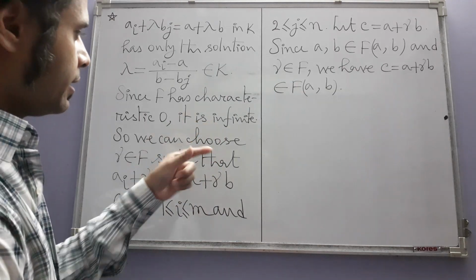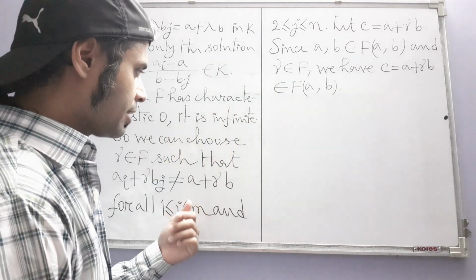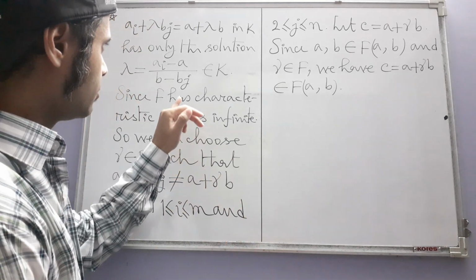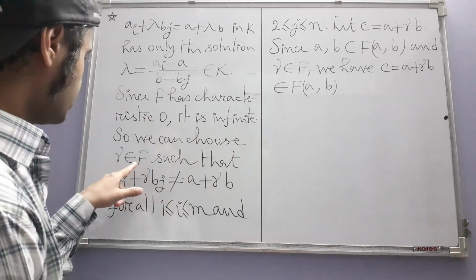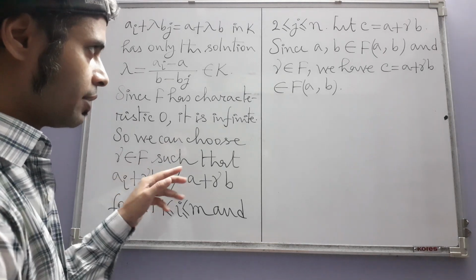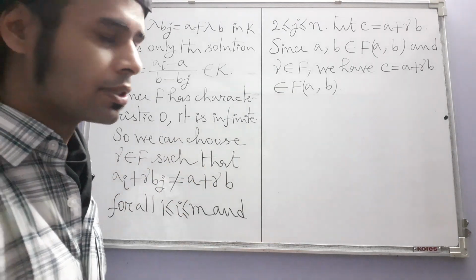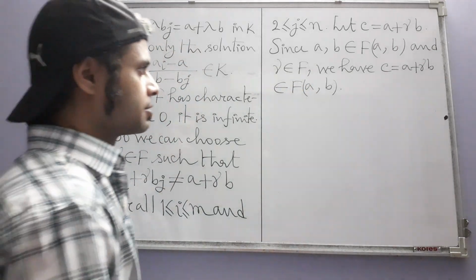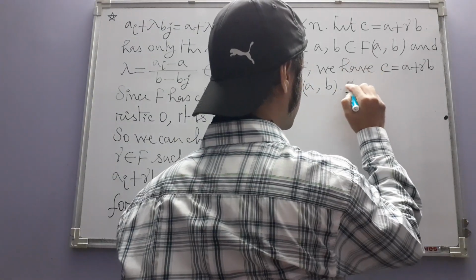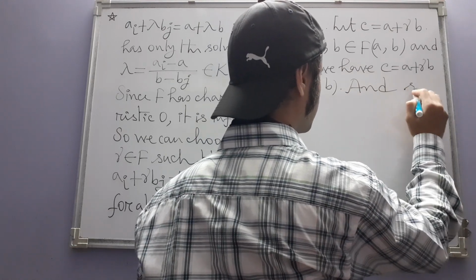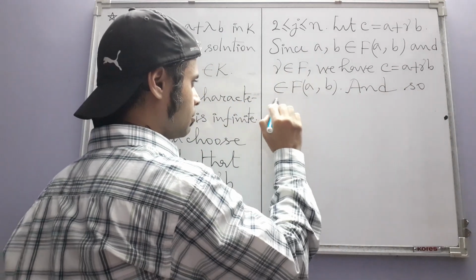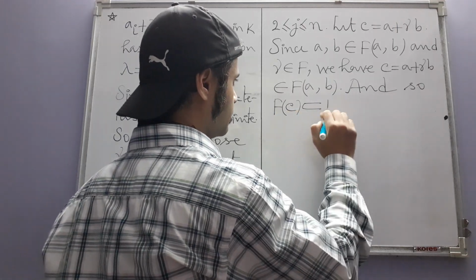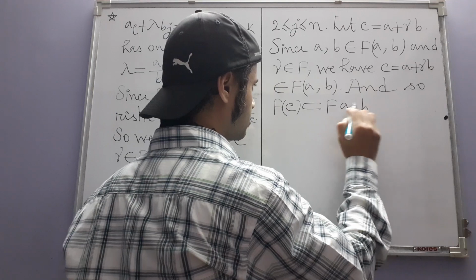Do you see that infiniteness of F makes the extension K also infinite? If we wanted, we could have chosen this gamma from K, but that would not have served our purpose because we want this. So now we have this, and so this extension of F is contained in this.